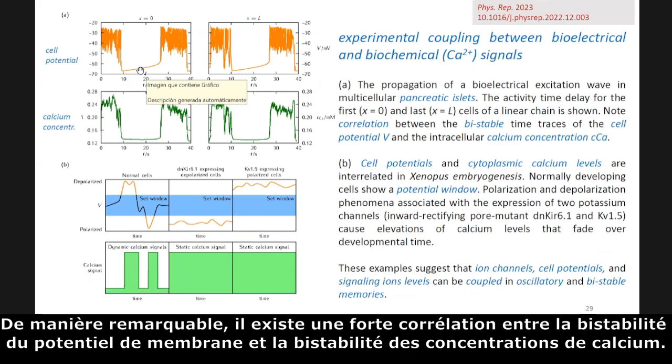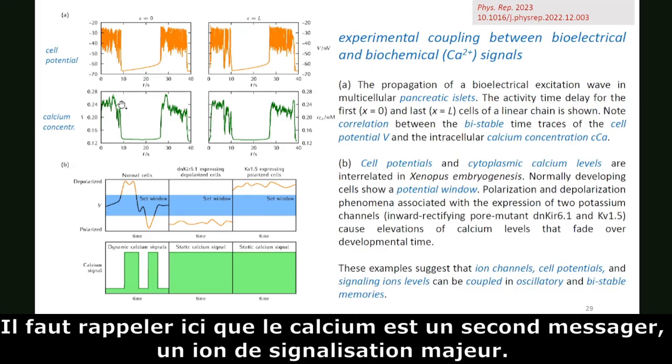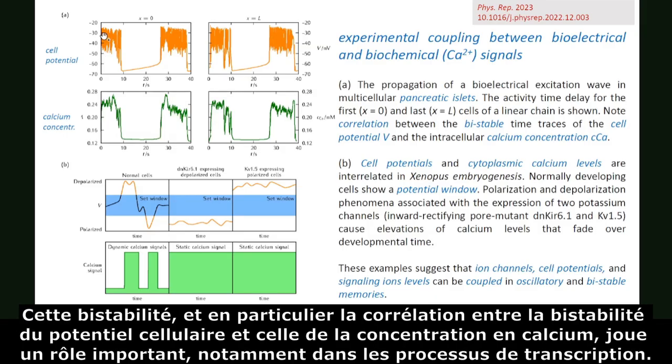And remarkably, there is a clear correlation between bistable cell membrane potentials and bistable calcium concentrations. Remember here that calcium is a second messenger, it's a signaling ion. And this bistability, and in particular this correlation of the bistability between cell potential and calcium concentration, should be significant in transcription, for instance.